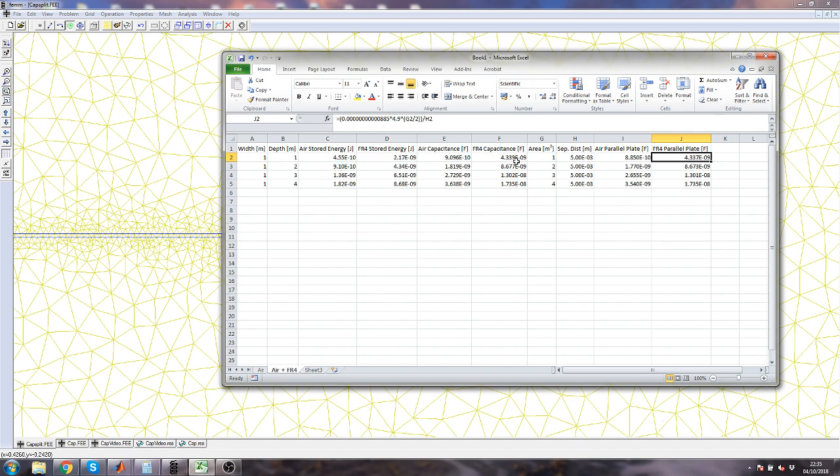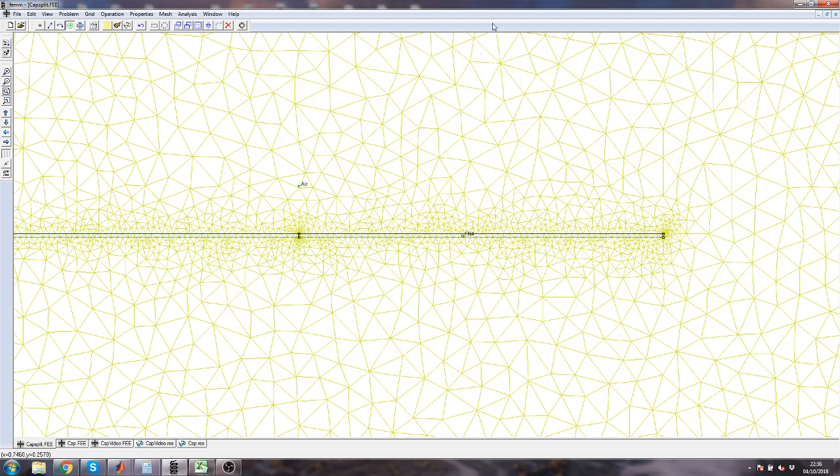Yeah, 4.339, 4.337, both raised to the minus 9, and 8.85 to the minus 10, and 9.09 to the minus 10. So that plus that should equal that plus that. And if that is the case, then we can take it as read that it's okay to use parallel plate formulation with a capacitor where you have two dielectrics, each taking up a certain proportion of the area of the capacitor.